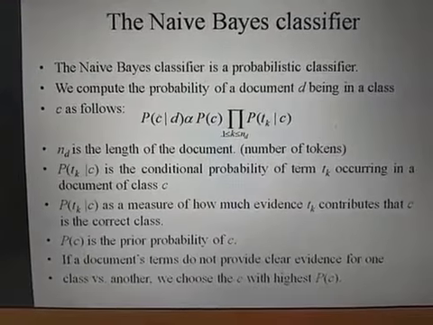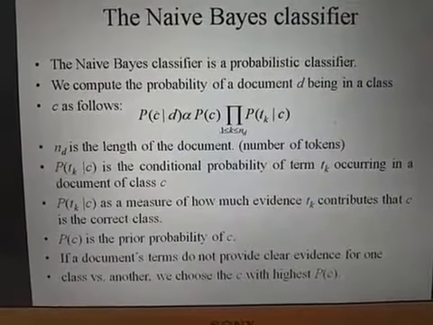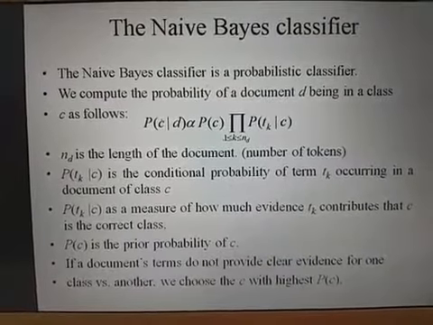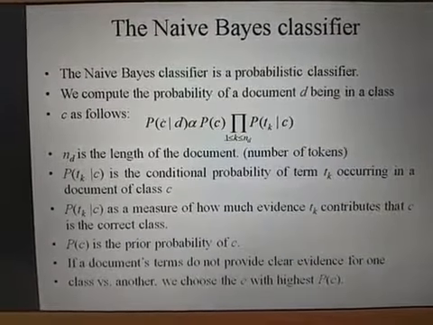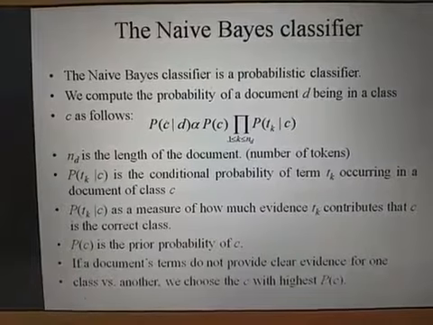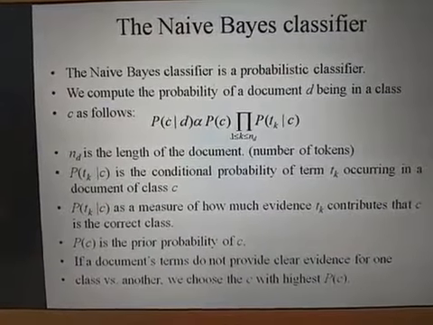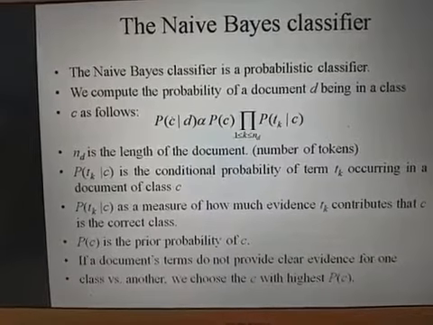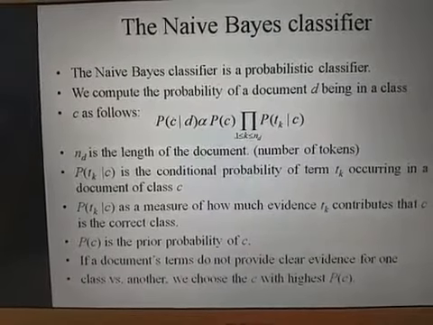The most common classifier is the Naive Bayes classifier, which is based on a probability score. That's why it is called a probabilistic classifier. Here it computes the probability of each document, whether it belongs to a class or not.